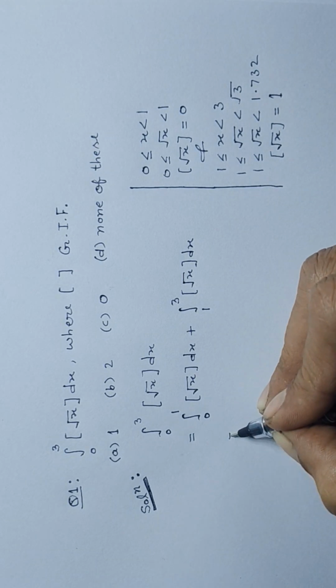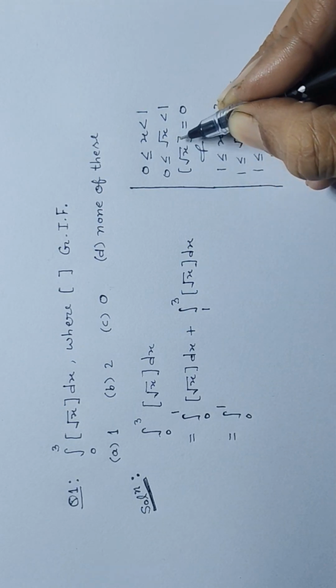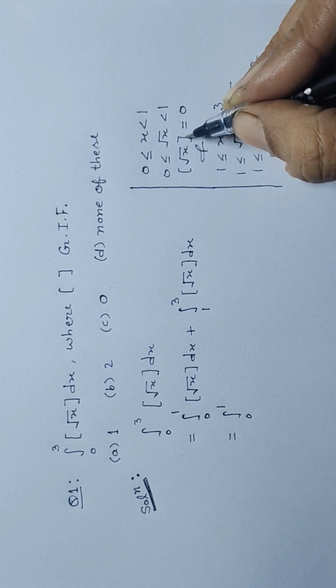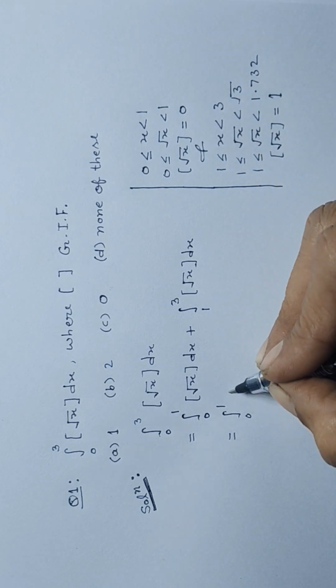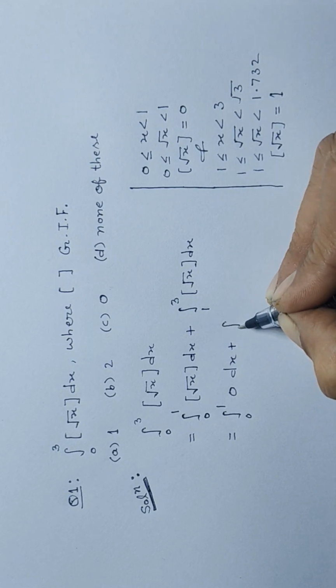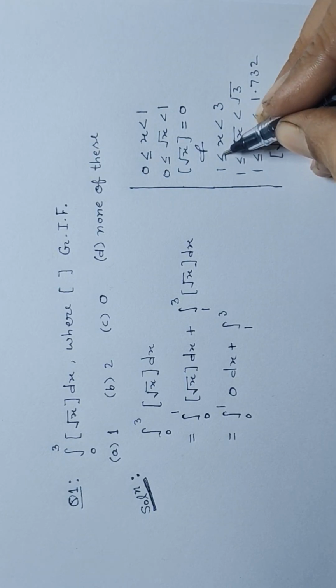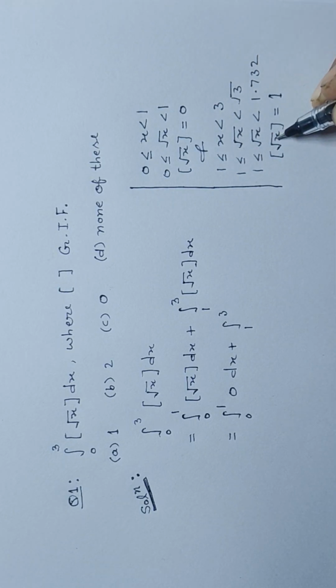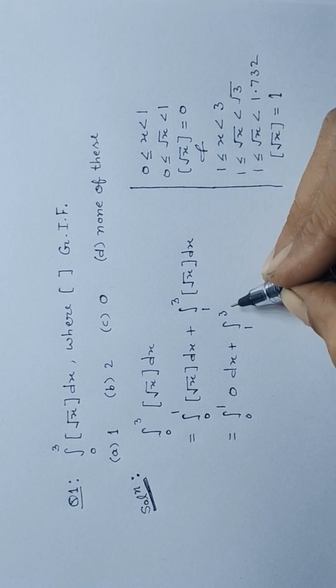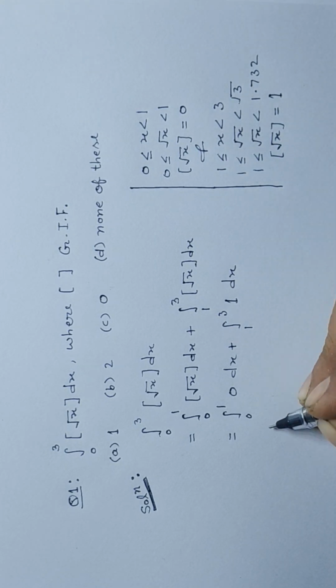So we write the integration 0 to 1, and in 0 to 1 the greatest integer of root x is equal to 0, so 0 into dx, plus integration 1 to 3, where the greatest integer of root x is equal to 1. So this is 1 dx.